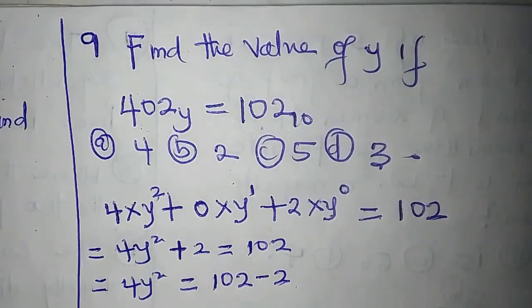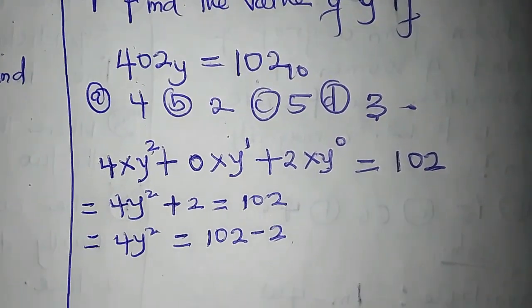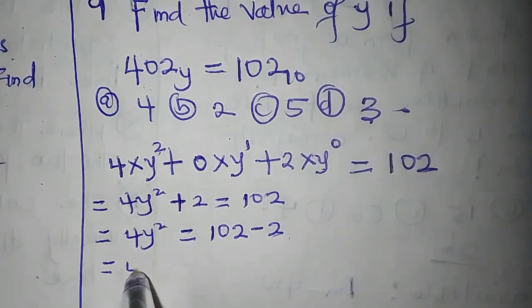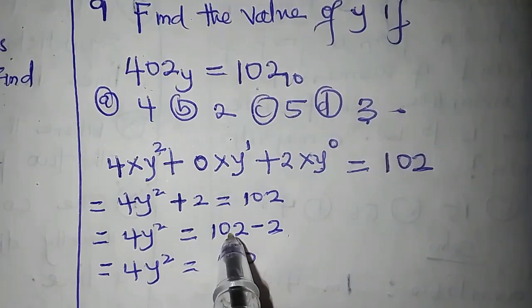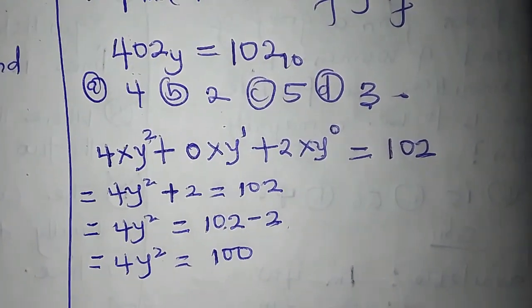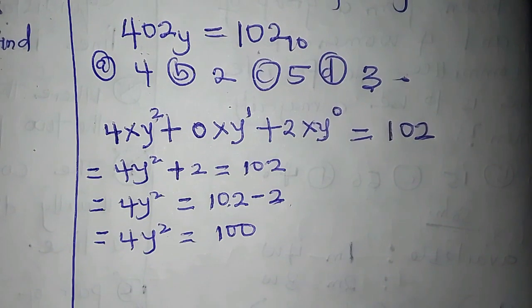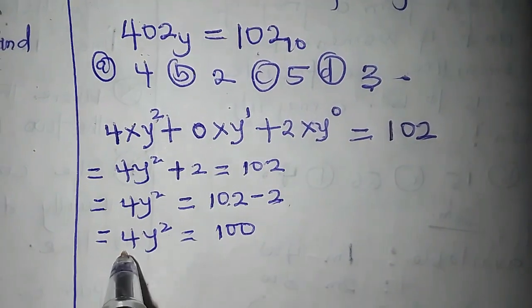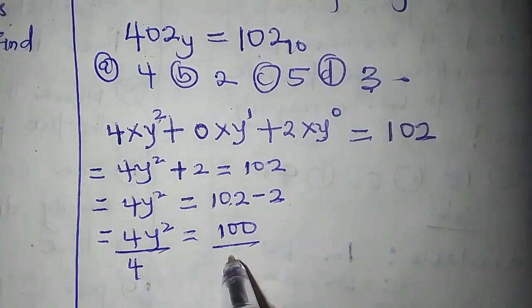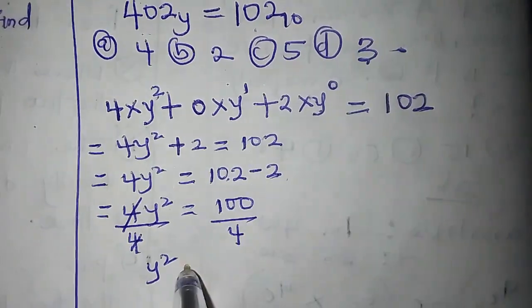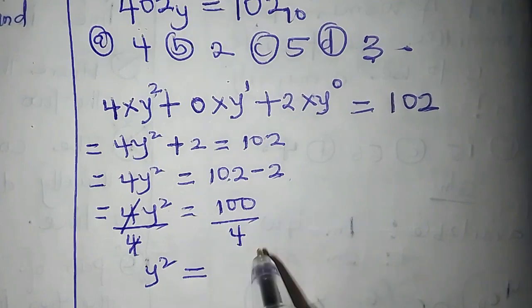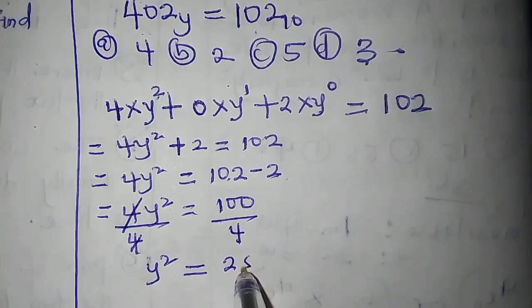The 2 will cross and turn to minus. And 4y squared is equal to 100. At this point, we'll divide both sides by 4. 4 cancels 4. y squared is equal to 100 divided by 4, which is 25.